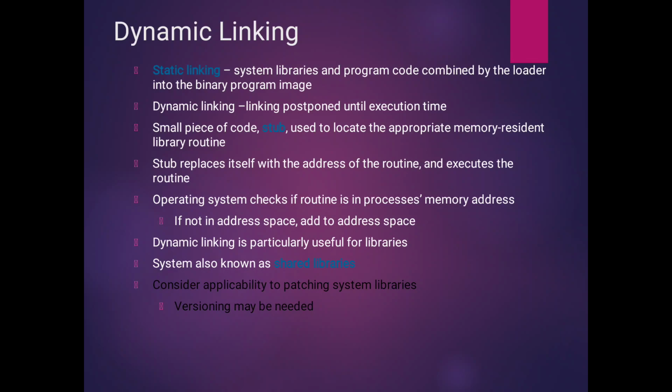A stub replaces itself with the address of the routine and executes the routine. The operating system checks if the routine is in the process's memory address space. If not in the address space, it adds it to the address space. Dynamic linking is particularly useful for libraries. Such systems are also known as shared libraries.